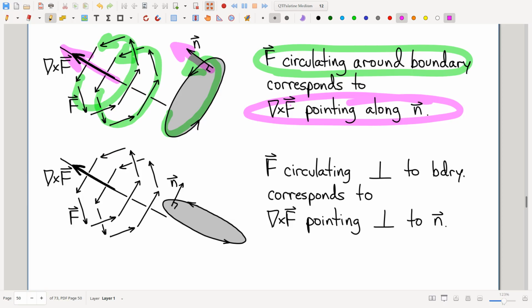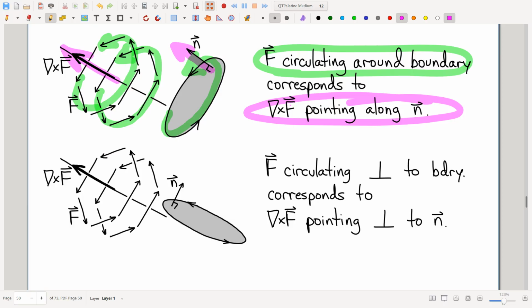The fact that the fluid rotation lines up with the boundary is geometrically linked to the fact that the axis the fluid is flowing around and the normal to the surface whose boundary you were going around are pointing in the same direction. So the two purple vectors pointing in the same direction is consistent with the two green round things lining up in the same directions as well. Everybody see how the geometry of that works? The purple lining up is consistent with the green lining up.